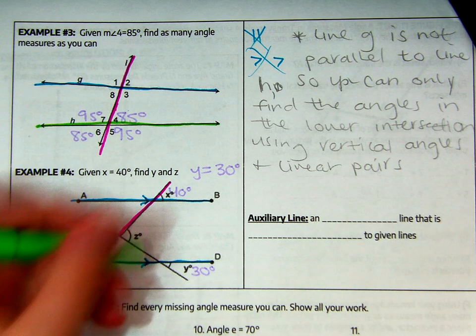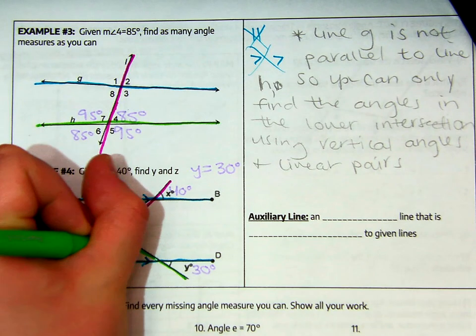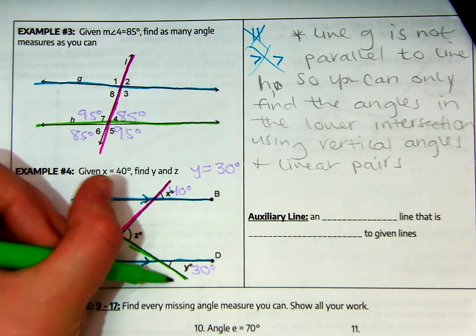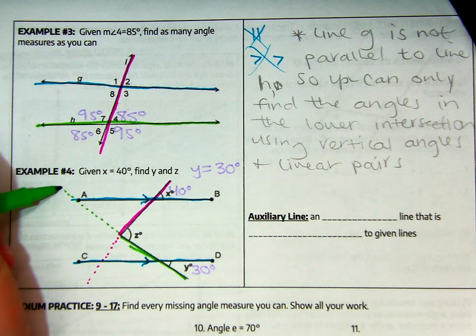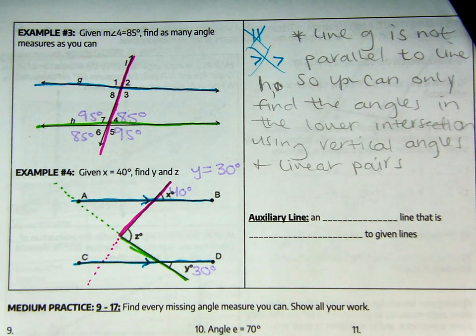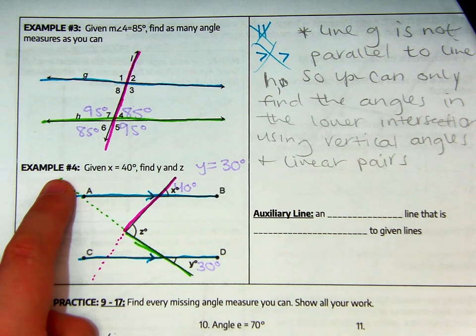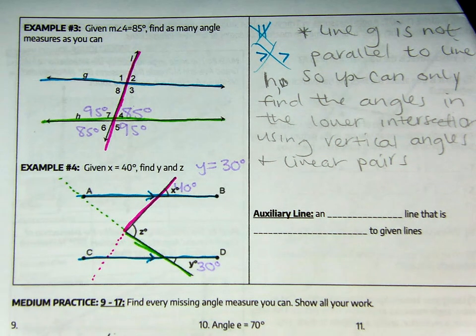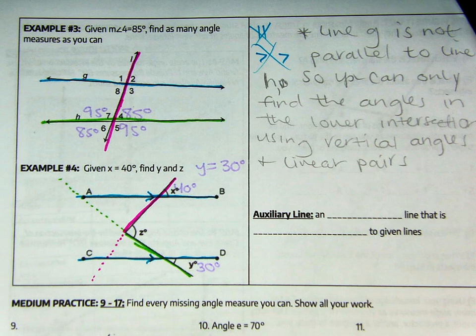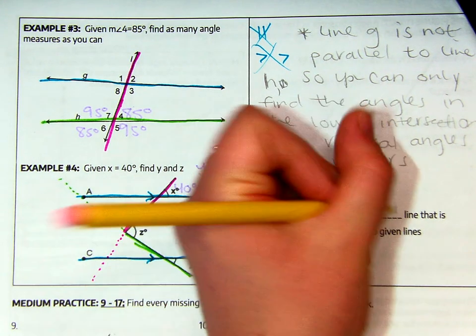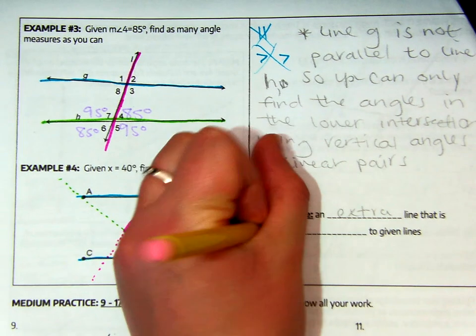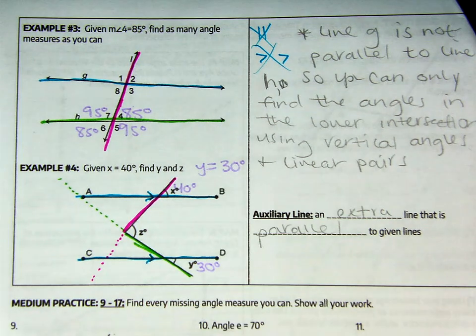And then in this picture, we have a second transversal, right? That goes intersecting down here. And then if I wanted to continue imagining, making it a transversal intersect this line, a little dashed line. But in this picture, I'm adding something called an auxiliary line. An auxiliary line is an extra line that is parallel to the given.